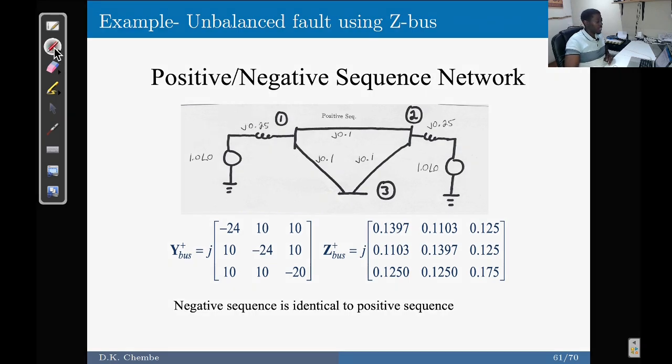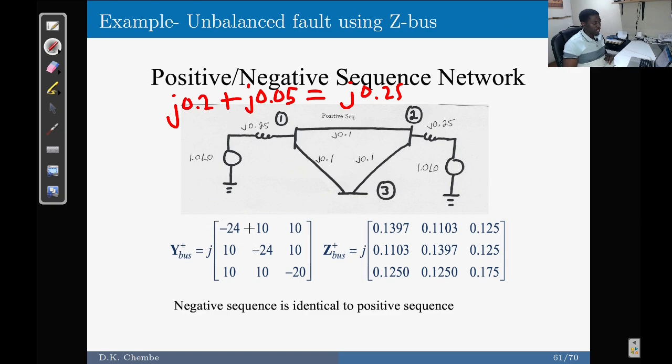Remember, the generator was J0.2, and for the transformer we had J0.05. So when we add the two, because they're in series, we get J0.25. So this is what we get here, and this is what we get there as well. Okay? By inspection, you come up with the Y-bus, so you determine the Y-bus for these 3 buses.